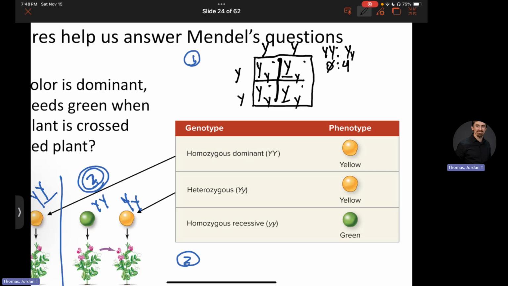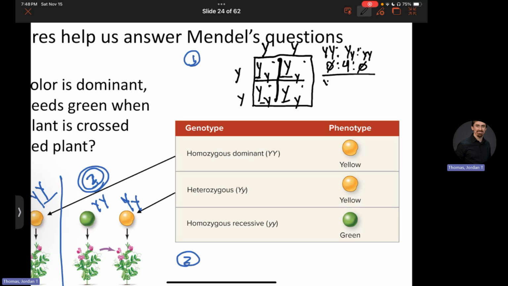All 4 offspring have to have a big Y, little y. And we look at homozygous recessive, we have 0 again. So that's our genotype ratio. No homozygous dominant, all heterozygotes, no homozygous recessive. But in phenotype, every single one has a big Y.